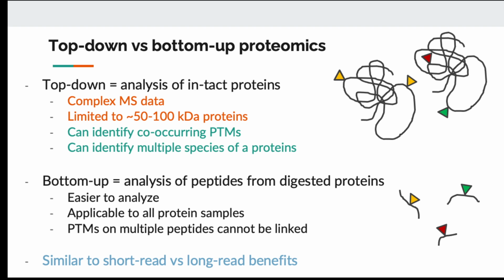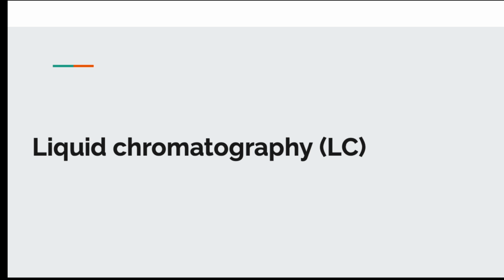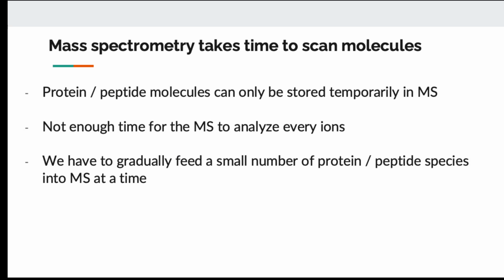Okay. Another factor that makes proteomics difficult, there's always more factors that make proteomics difficult. And this is because mass spectrometry, the process of measuring the mass over charge, is a physical process. You have to accelerate the ions to move and measure the time, measure the frequency. So it takes time to scan the molecules.